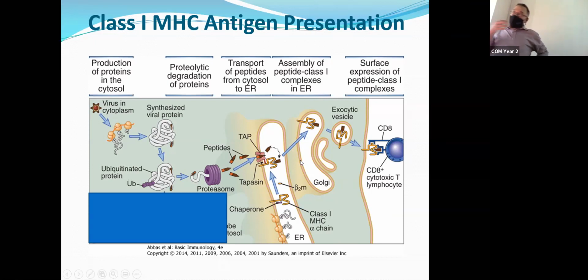So class 1 loaded peptides come from inside, they're endogenous, right?